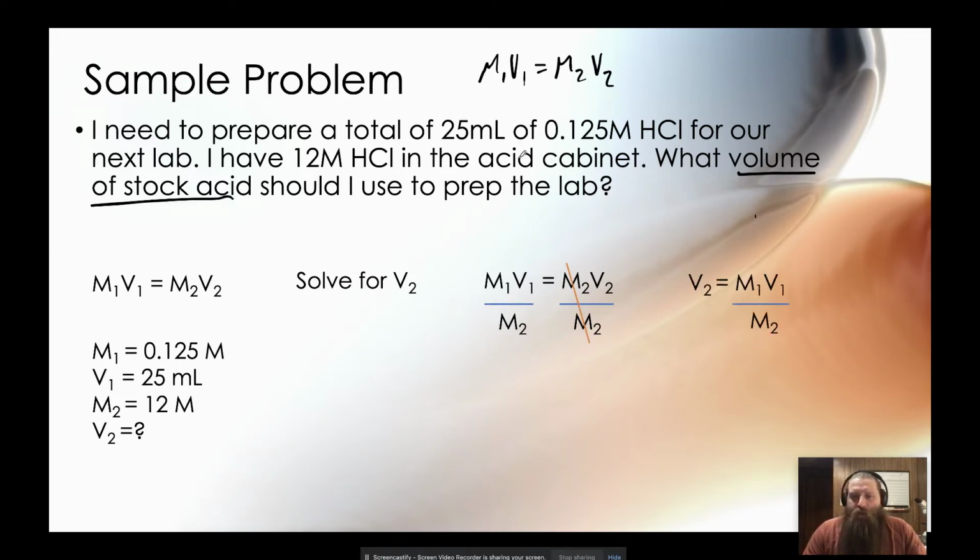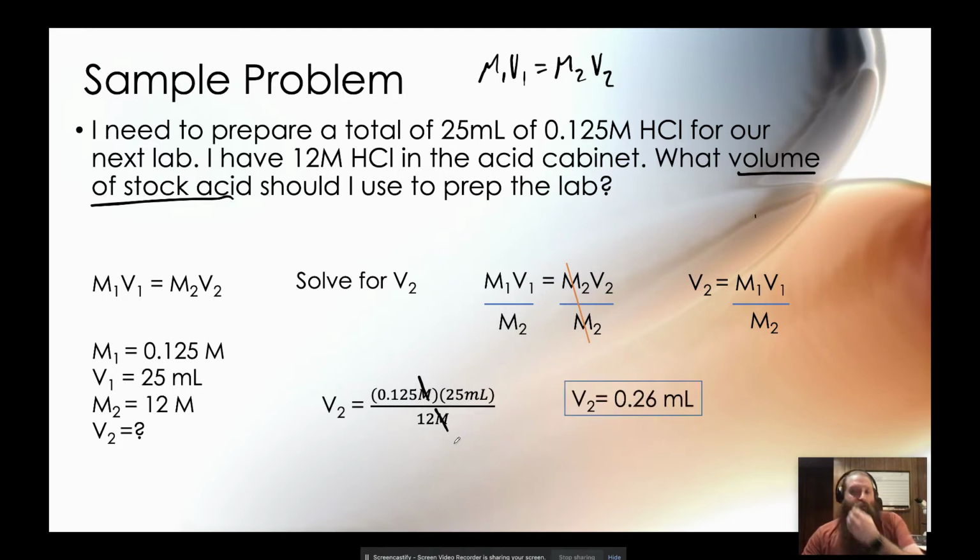The M2 cancels out, and I'm left with V2 equals M1V1 over M2. And then just plug in my numbers. Notice milliliters is going to be what's left over, and molar is going to cancel out. So 0.125 times 25 over 12 gives me a volume of 0.26 milliliters.